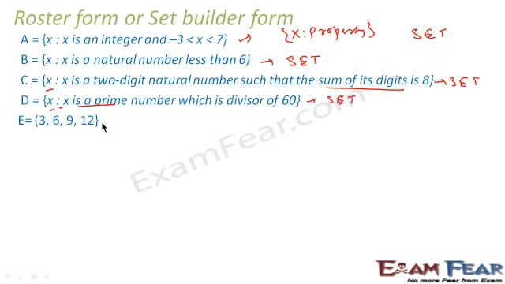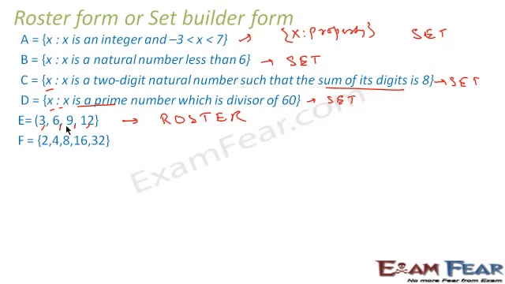Now E is a set where all the elements are listed 3, 6, 9, 12. So since all the elements are listed separated by comma enclosed within braces, this is nothing but roster form. We have discussed this. In roster form, all the elements are listed separated by comma enclosed in braces.